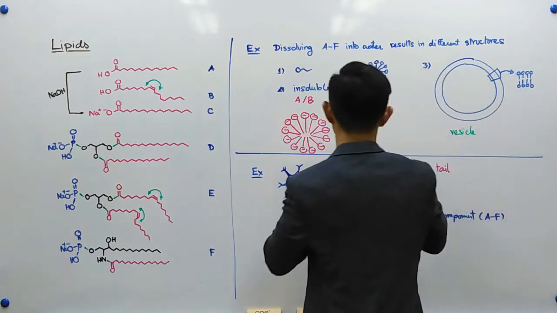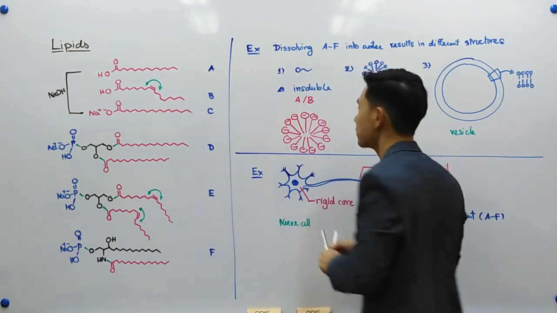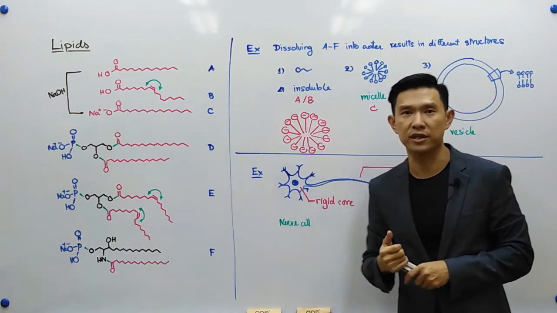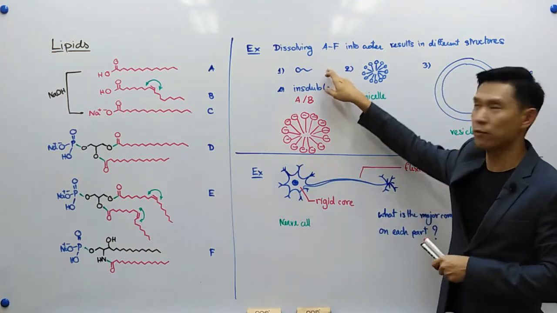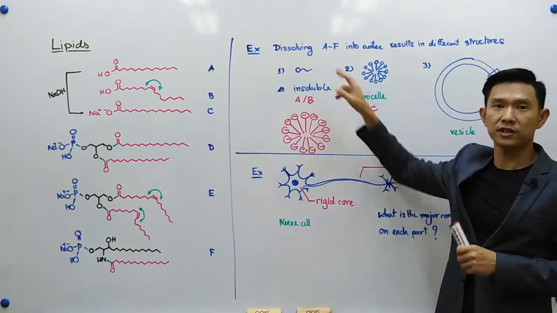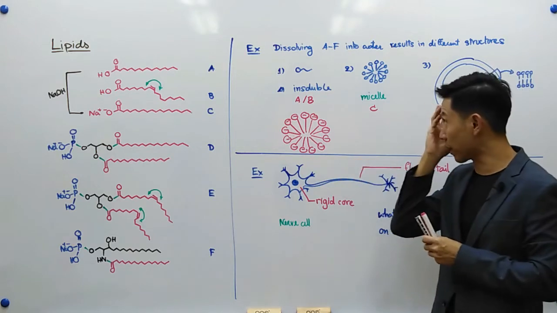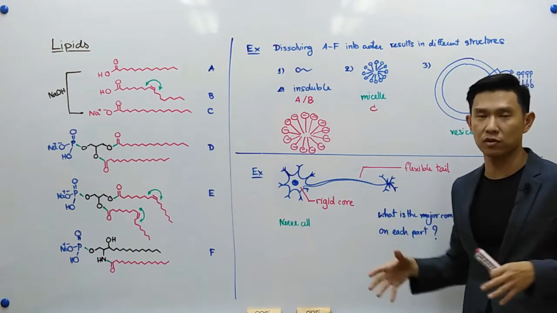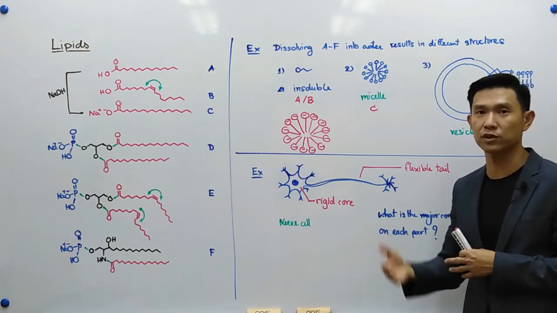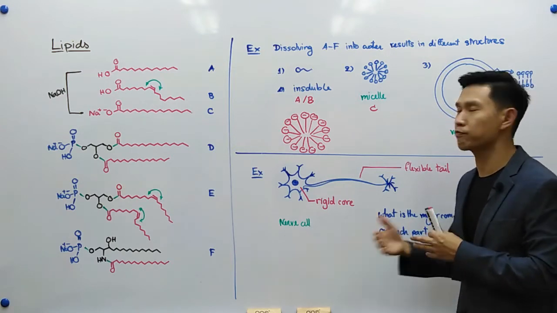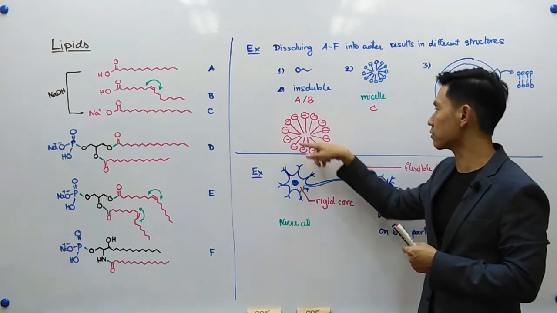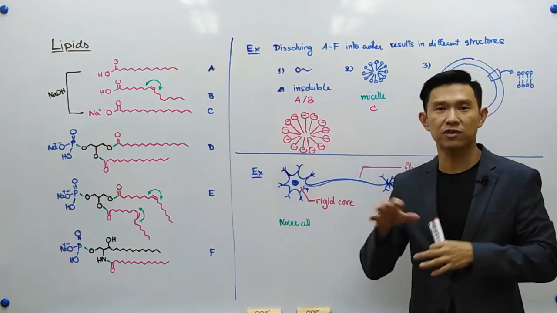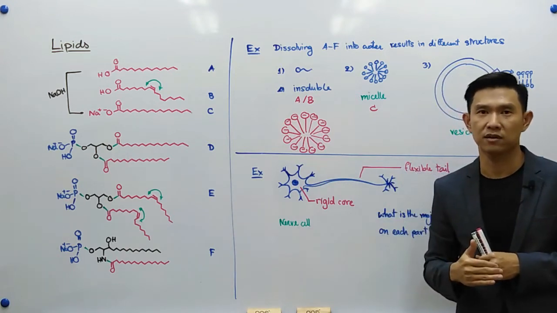So C would be here, but it depends actually. If you have a very dilute concentration of C, then it would be 1, right? Because it can dissolve into water. If you have a very low concentration of the molecules in the water, the possibility that the tails can pack up together is rare, because you have a smaller population.